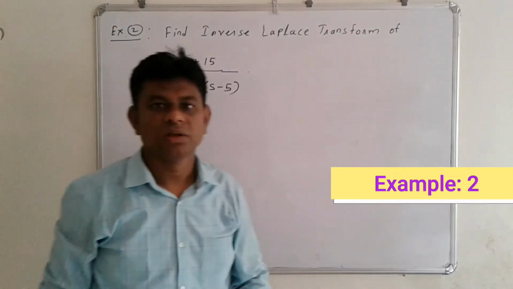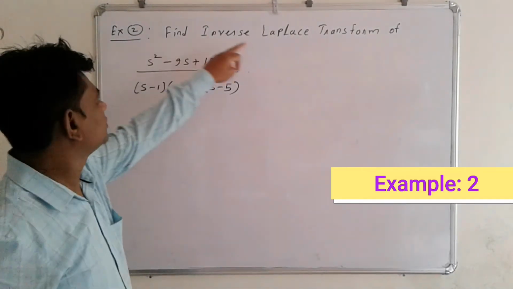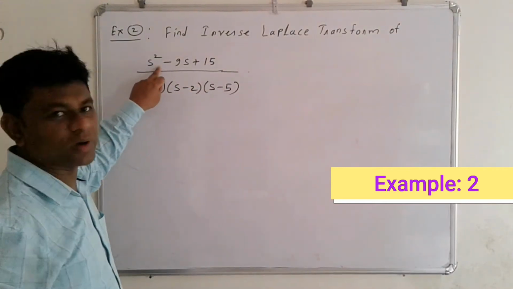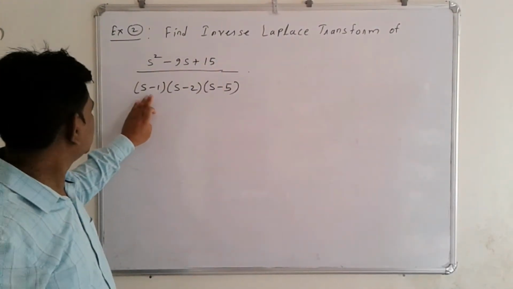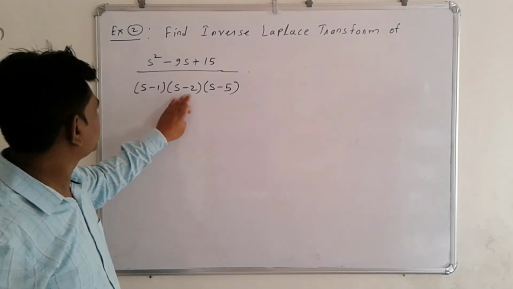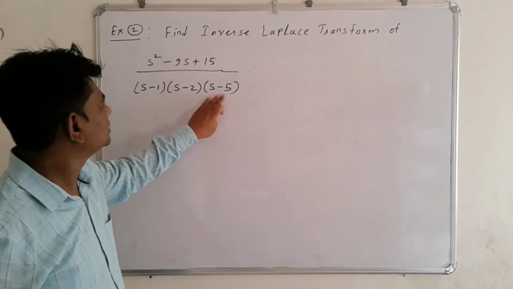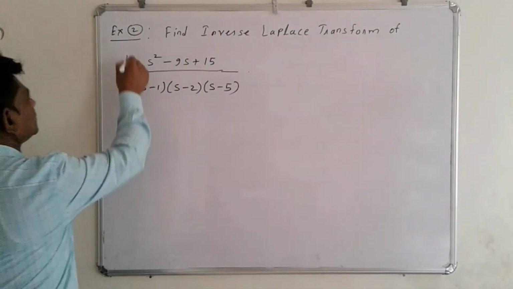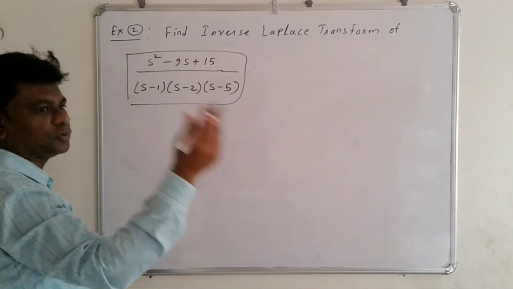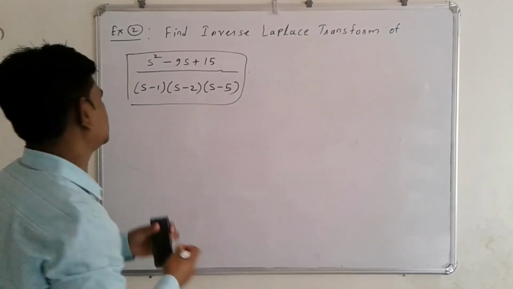Now example 2: find the inverse Laplace transform of (s²−9s+15)/((s−1)(s−2)(s−5)). Now we resolve this given fraction into simple fractions, meaning partial fractions.